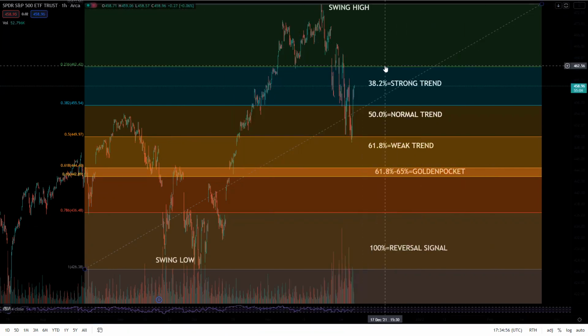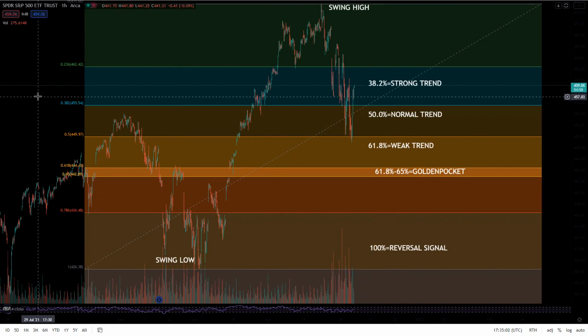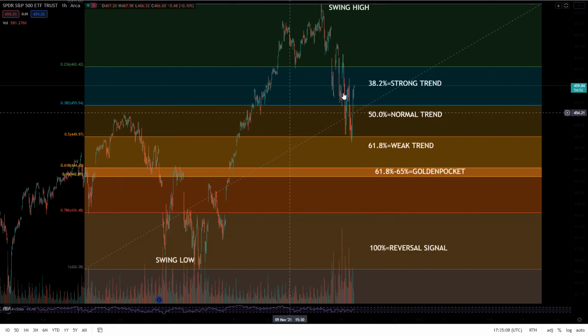So what it's going to do is give you, using a mathematical equation, key support and resistance levels. That's what all of these levels are, these lines. And the ones that you want to pay attention to is the 38.2% line. If you bounce off of that support level, then you have what is known as a strong trend, basically off of that dip.